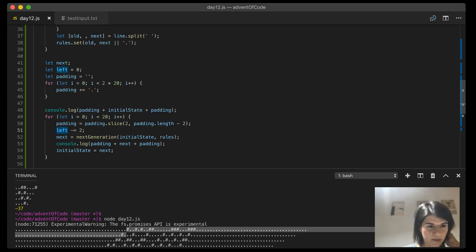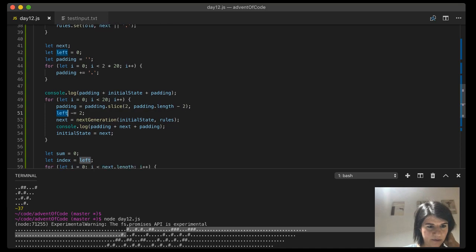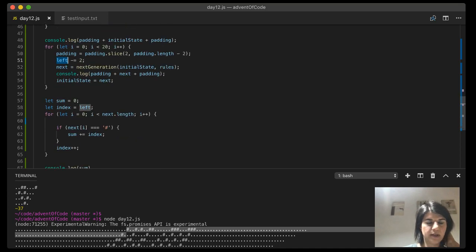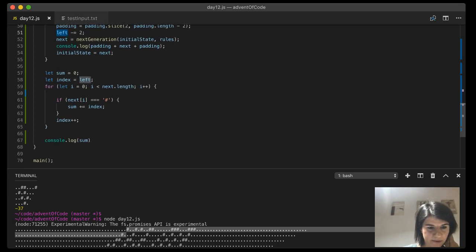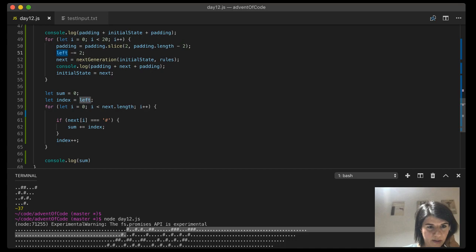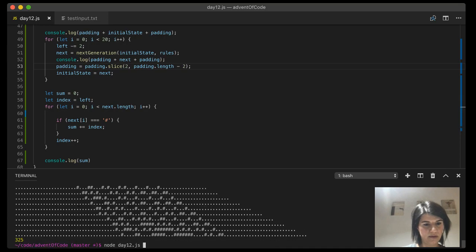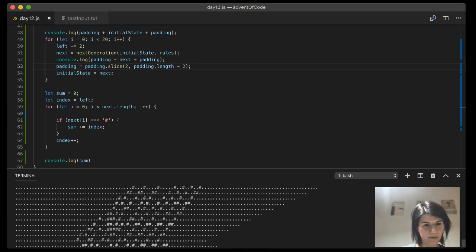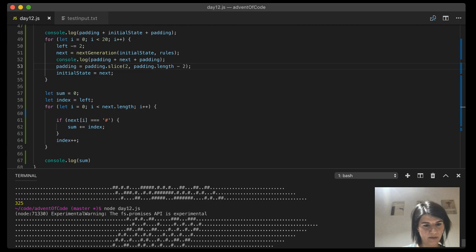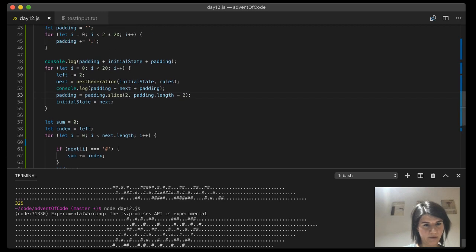Where am I even using this left? Oh, that's the counter for how many times I'm going left. And then I'm printing padding next. If I do that here, that doesn't seem right. Now I'm pushing them too far to the right.